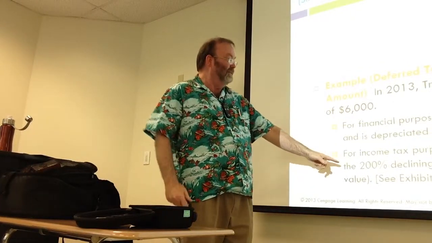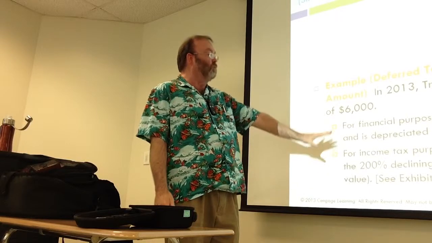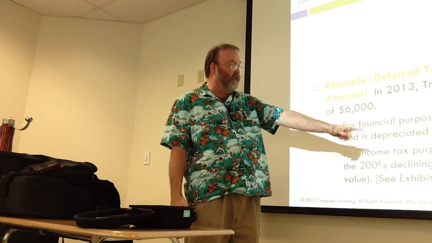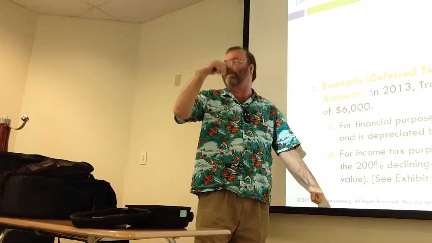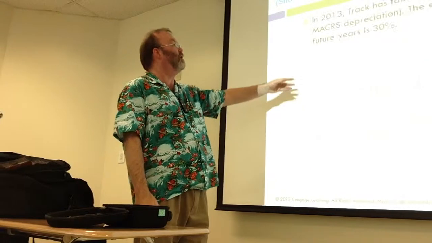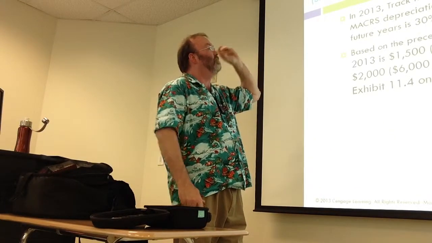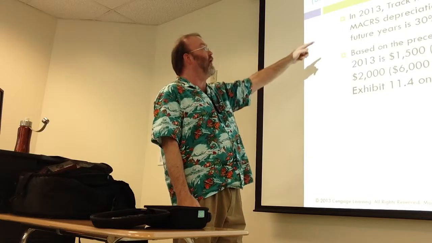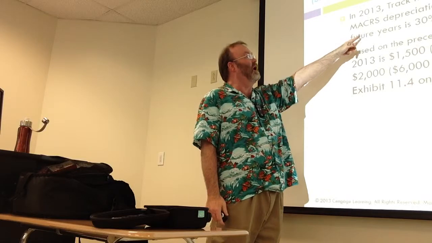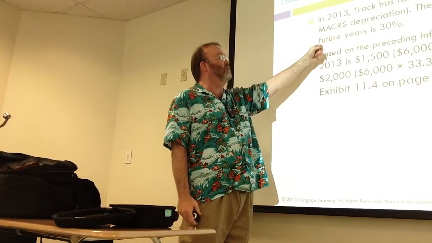So anyway, notwithstanding. The tables, by the way, are on page 1132 back in the property, plant, and equipment chapter. So that's where the MACRS tables are. So with taxable income of $7,500 after the depreciation with a tax rate in the first year of 30%.